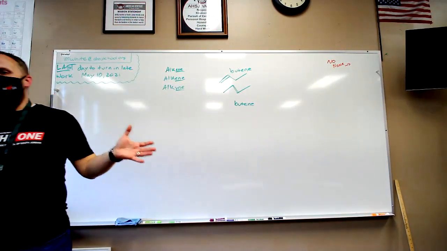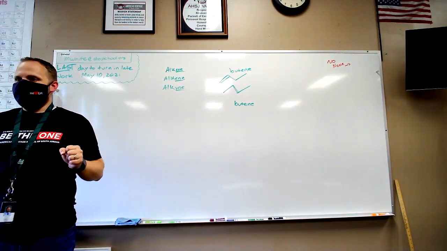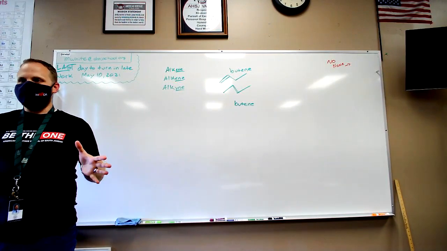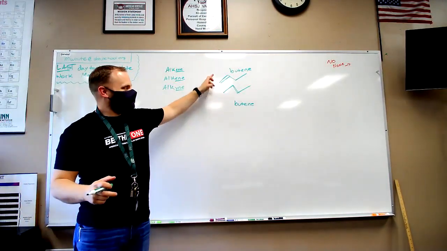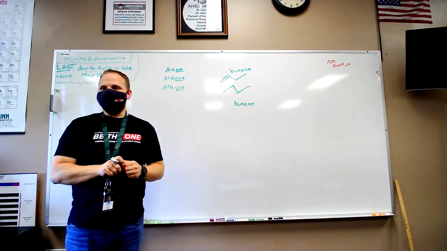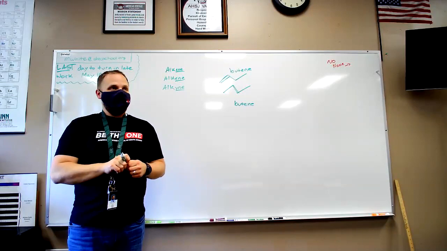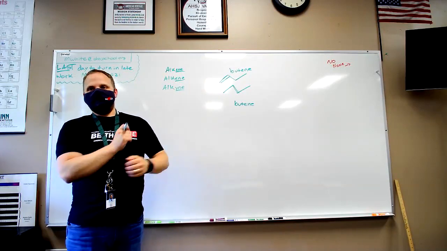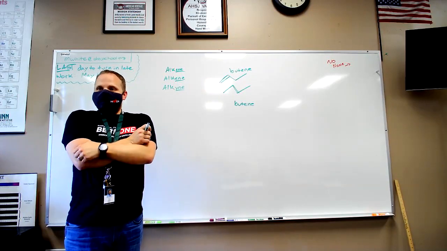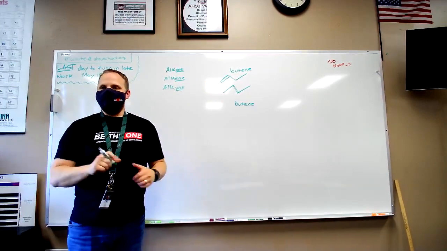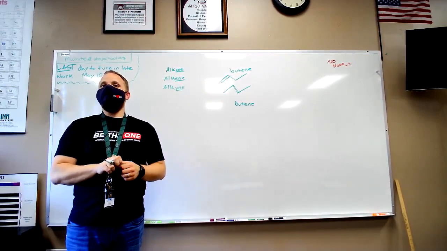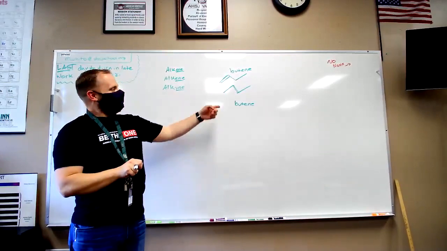But you already know how we're going to differentiate them. What do we use to tell the difference between these two? What are we going to put in the name? A number. And what is that number going to tell us? Where the double bond is.